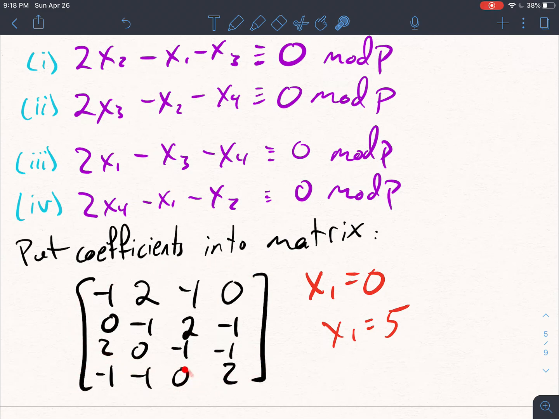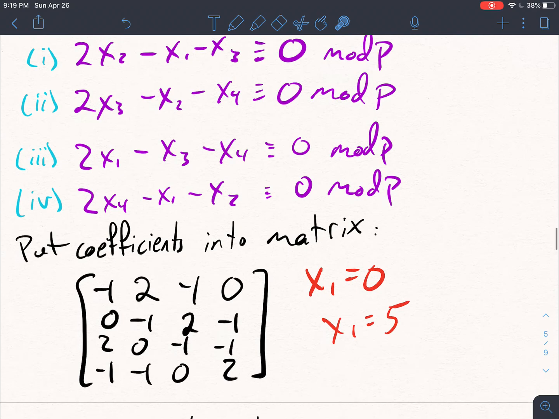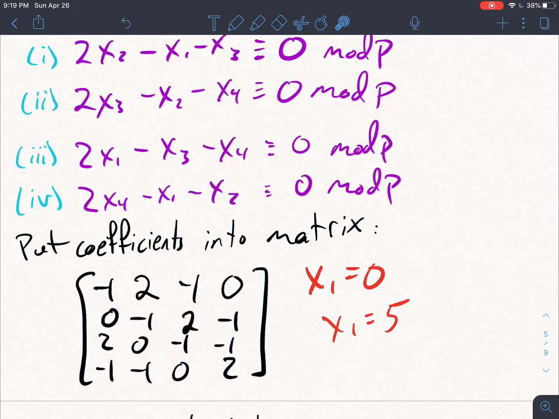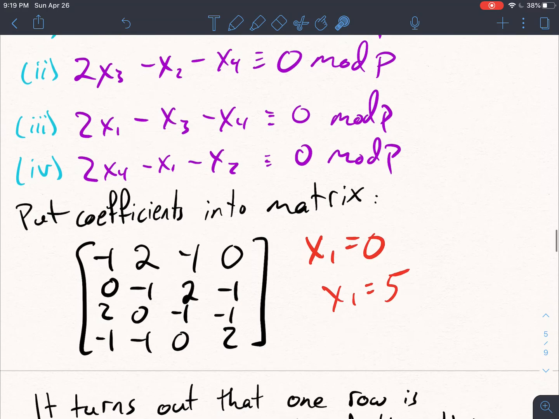The next fact that goes along with this is that if you were to calculate the rank of this matrix, you would find that one of these rows is actually dependent on the other rows. So the set of rows here is linearly dependent.